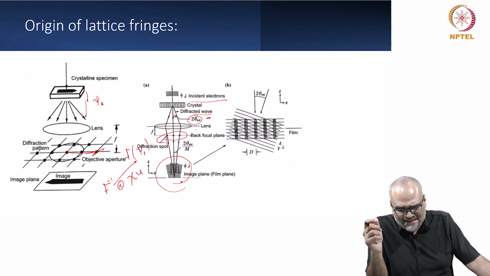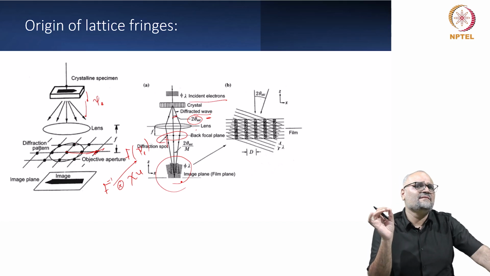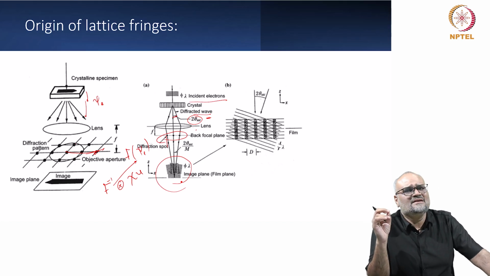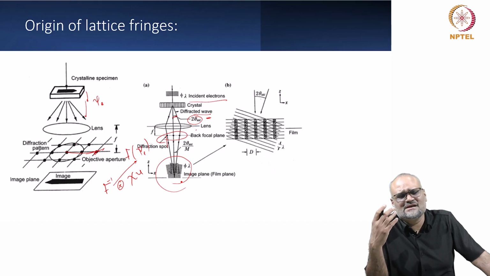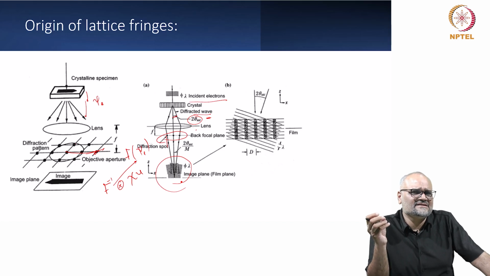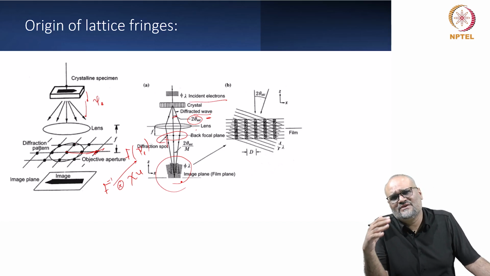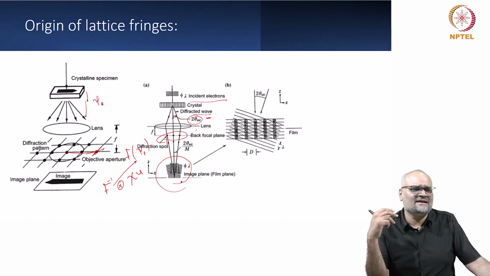To understand this, let us look at a two beam condition. This is not the same two beam condition that we talk about when imaging dislocations or other defects. This is the two beam reconstruction or superposition phenomenon that I described in the previous slide, to understand how the fringe spacing appears in an HREM micrograph.